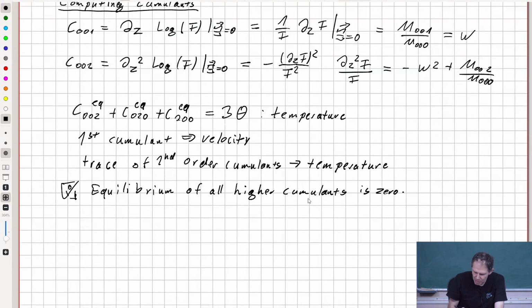So this may still look a little complicated. Let's look at cumulants as expressed in central moments.